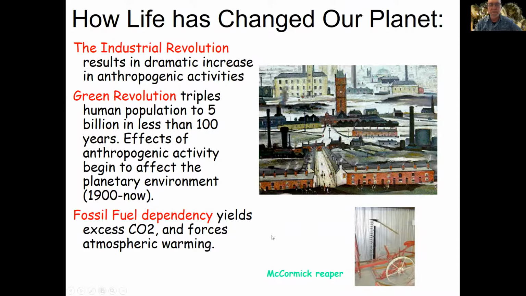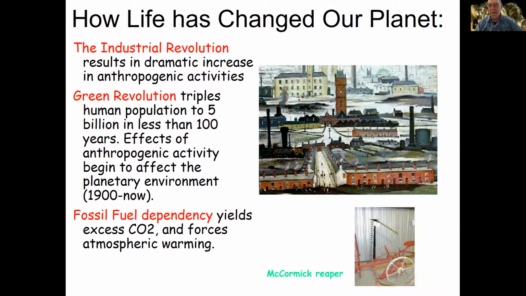And this is something that we'll come back to again and again, and indeed you'll be looking at in your exercise today. So the Industrial Revolution was a great boon in many ways for human population. With the development of harnessing energy, human civilizations were able to have specialized workers.